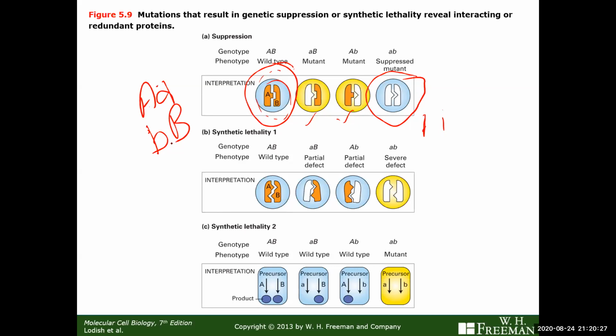Say mutation in A is such that they do not grow very happily in the presence of galactose, but they can grow, like limping, crawling, not running, but it's growing. Similarly, mutation of B is not completely debilitating; it did not arrest growth completely in the presence of galactose as the only carbon source, but it was not a very happy situation.